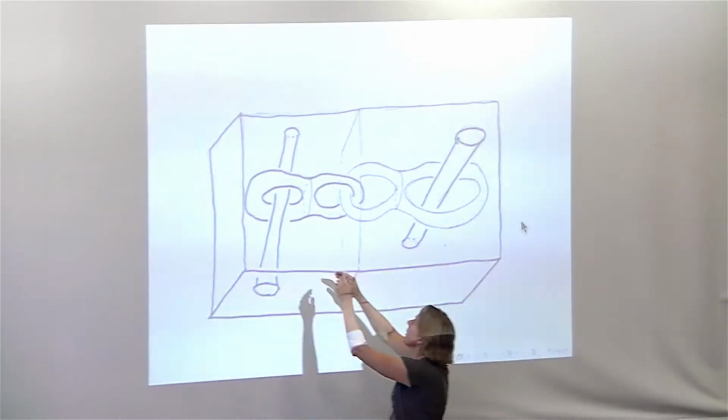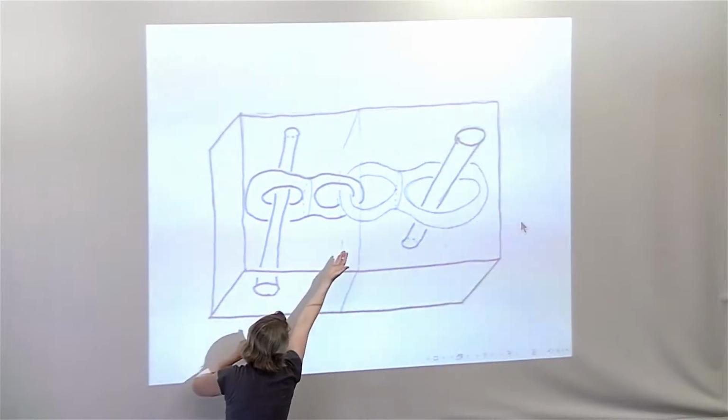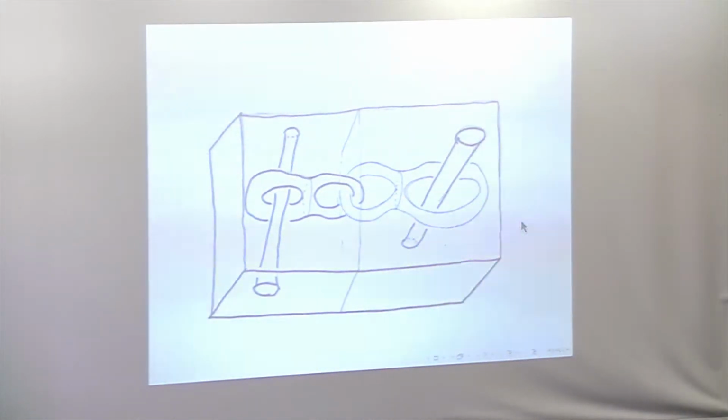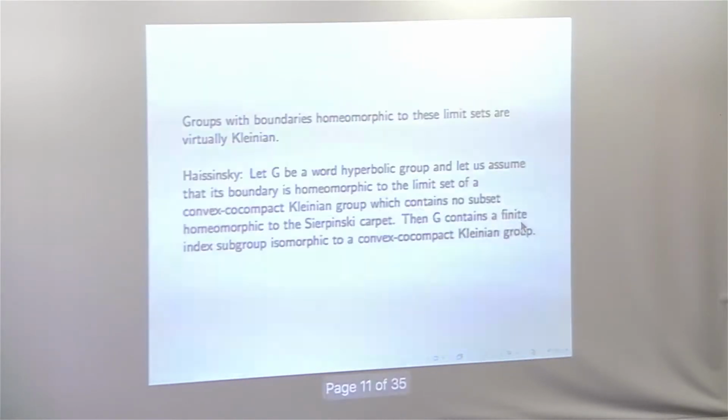There's another one over here, a punctured torus times I, and then there's one in the middle. So this is an example of a Kleinian group, and I'm going to talk about this type of Kleinian group in a minute. This is just like the surface group. The boundary is made up of Cantor sets, and like the surface group, we can determine the type by its boundary.